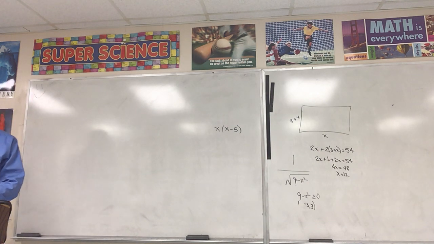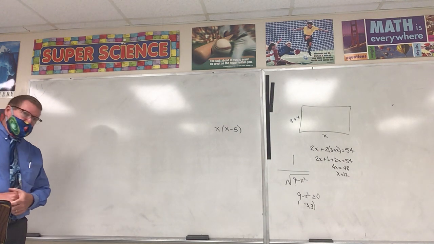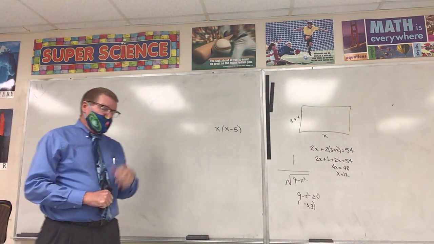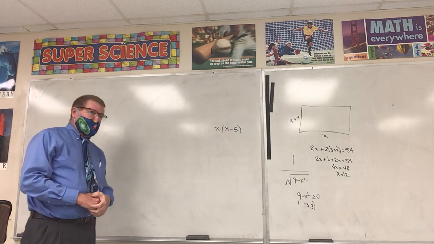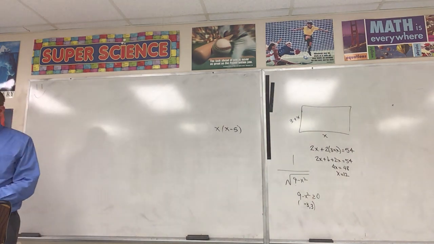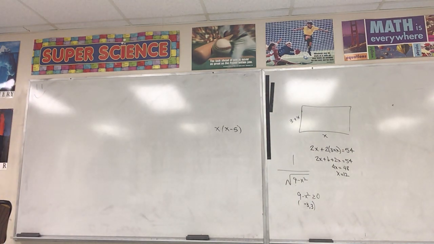Alright, my horizontal asymptote comes from where? The numerator. Leading terms. Any form of 1 over x would be what? Y equals 0. Anything it simplifies to, it would be y equals whatever it simplifies to.